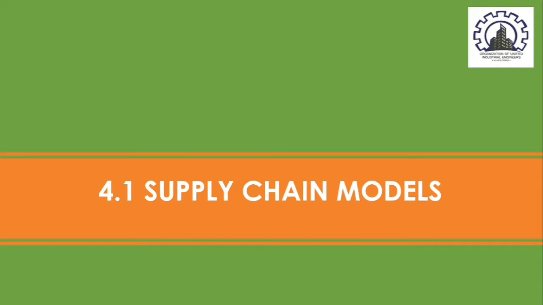As an introduction, we will briefly outline two of the most widely referenced supply chain models. First, we have the SCOR, which stands for Supply Chain Operations Reference model. And we also have the GSCF, or Global Supply Chain Forum model.